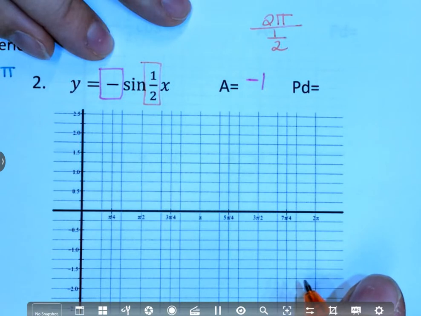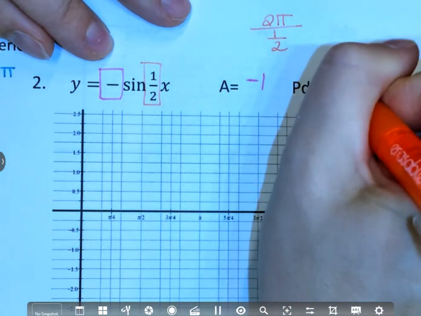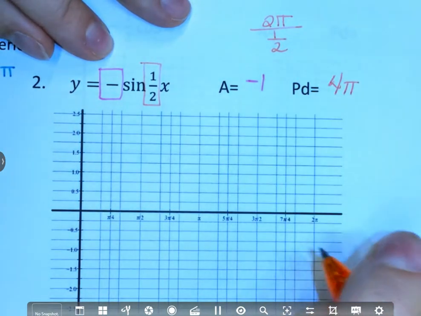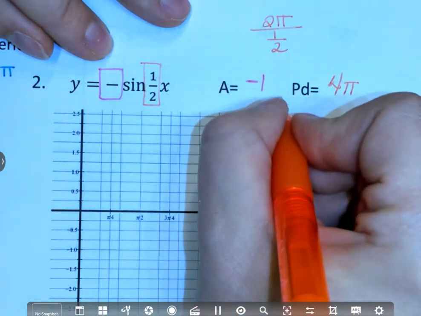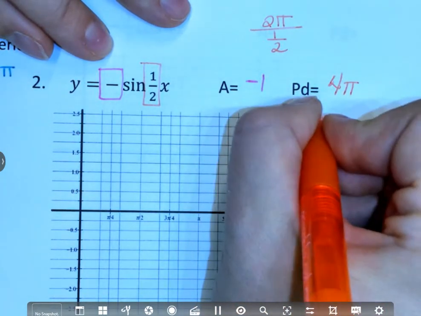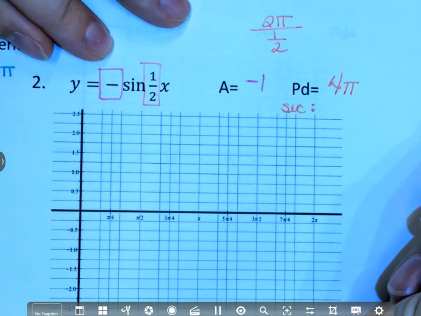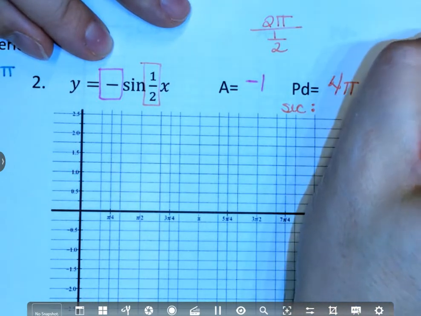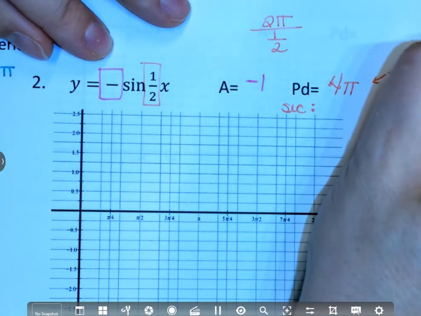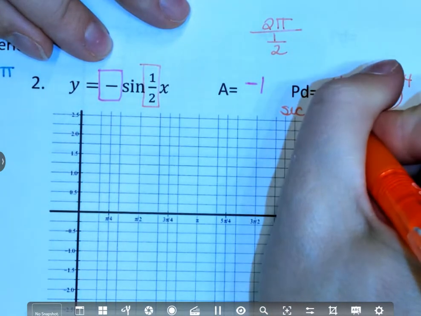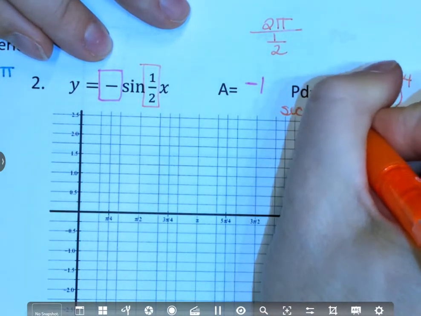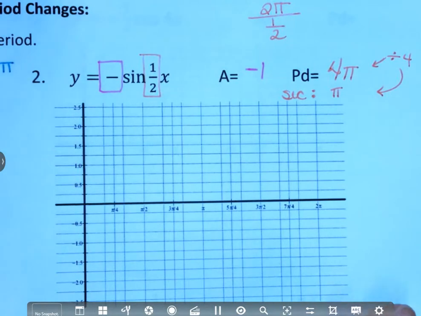So what is your period? 4 pi. How do we get our sections? Divide by 4. So this divided by 4 is just pi. It's all the information I need to pull from my equation before I get started.